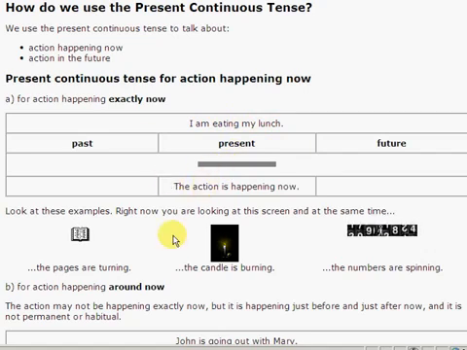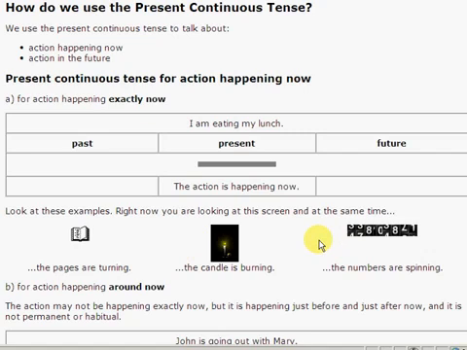Look at these examples, students. Right now, you're looking at this screen, and at the same time, the pages are turning. The candle is burning. The numbers are spinning.